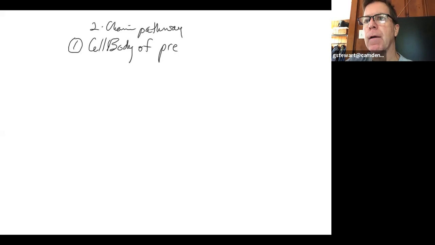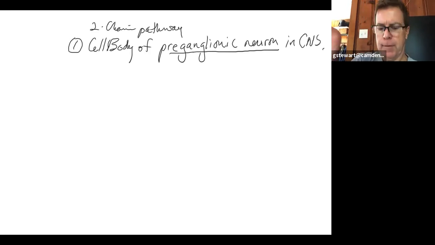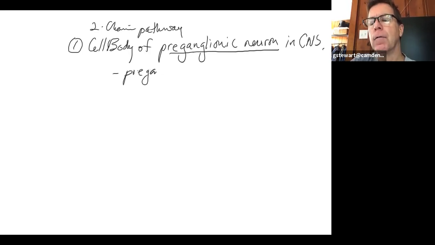So the cell body of the preganglionic neuron is in the central nervous system, the brain or the spinal cord, okay? Its preganglionic axon, this is just getting used to the language.